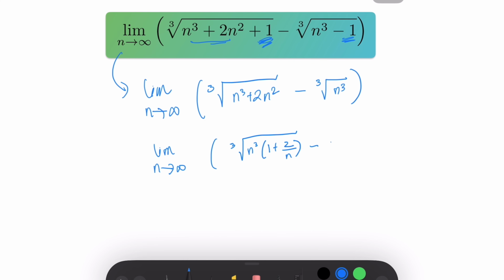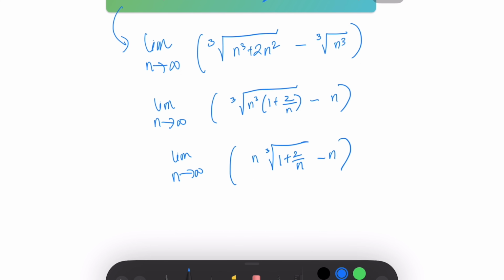So the second one simplifies just to be n. Write it again. It's going to be n times the cube root of 1 plus 2 over n, minus n. Simplify again by factoring out the n. We get n times the cube root of 1 plus 2 over n, minus 1.